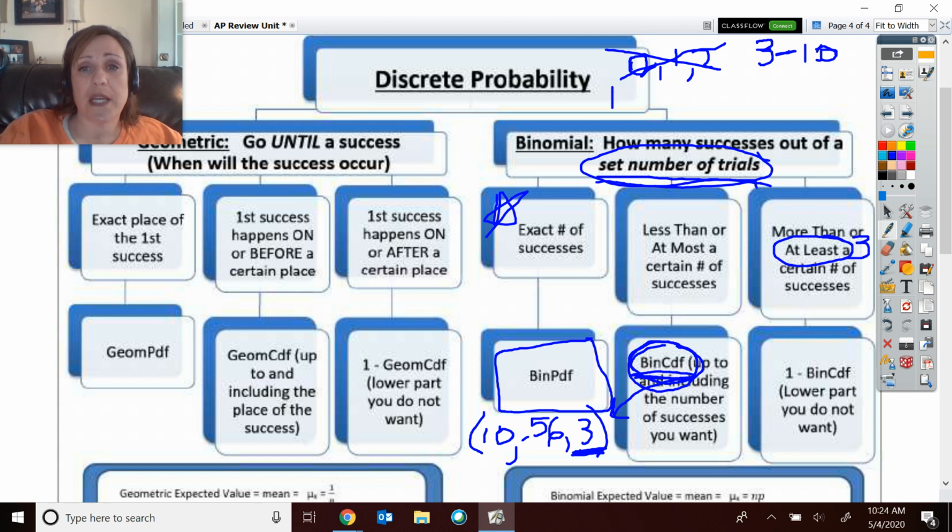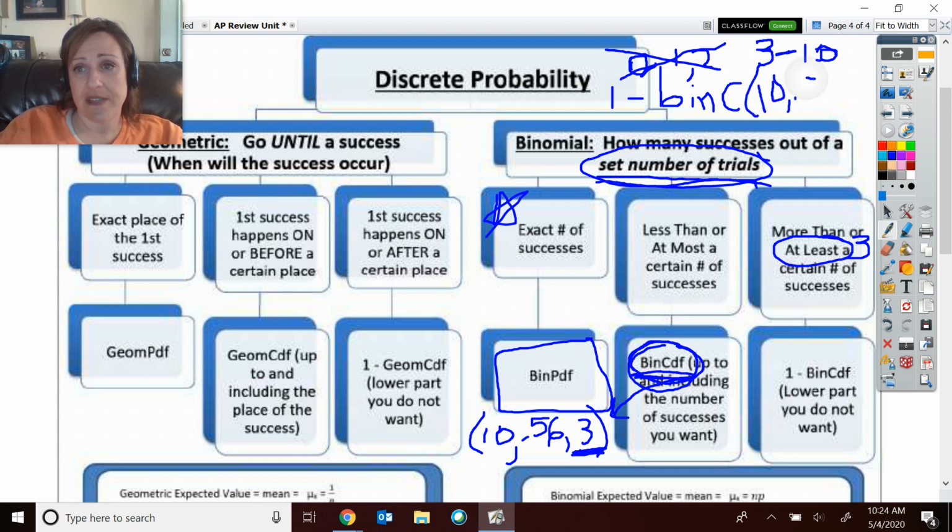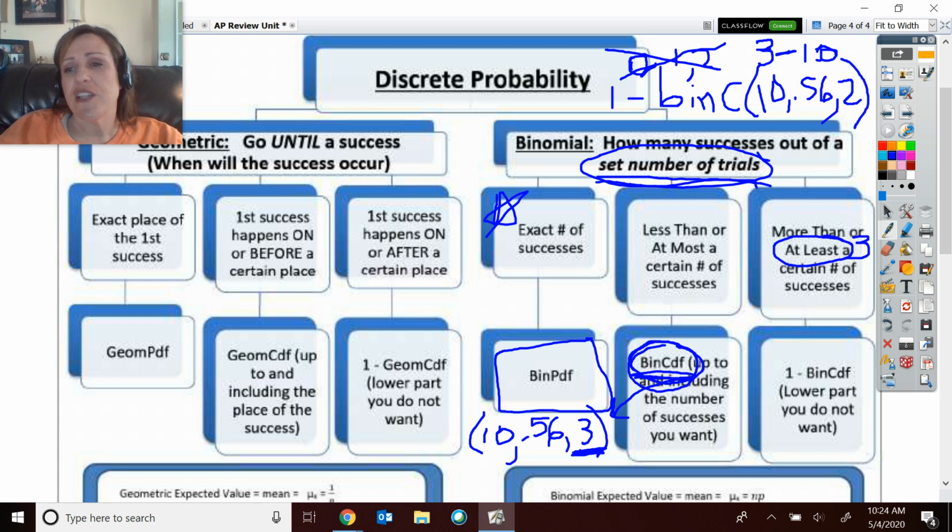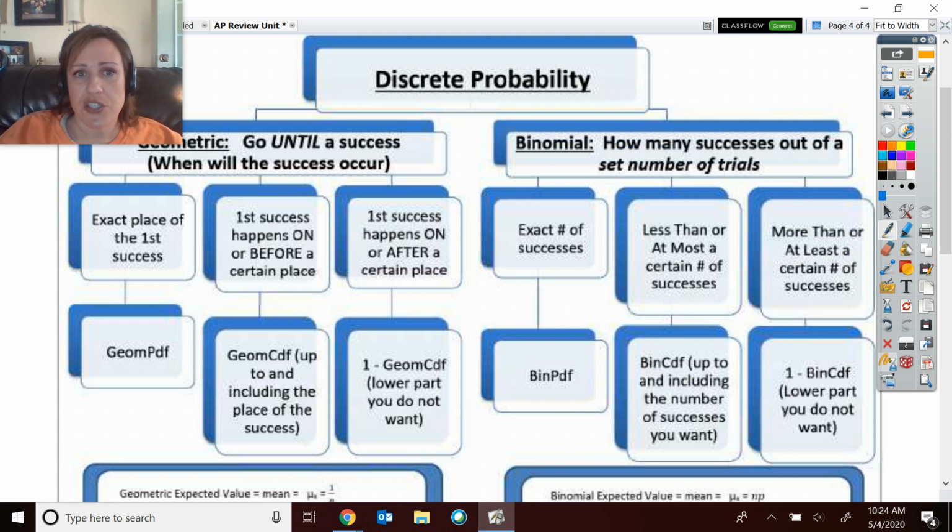So I would do 1 minus this binomial CDF, the accumulation of 10, 0.56, and then this number is what you want to take off. And since I want at least 3, I want 3 and more, so I want to take off 2 and below. Okay, so there's just a little basic introduction.